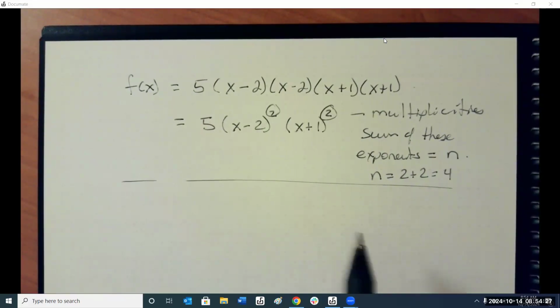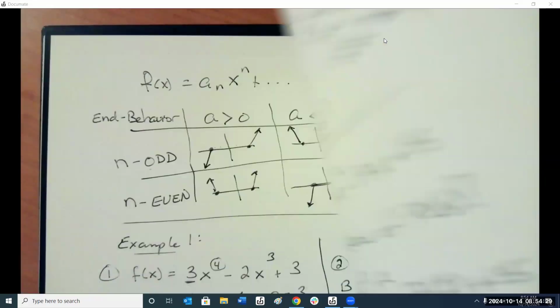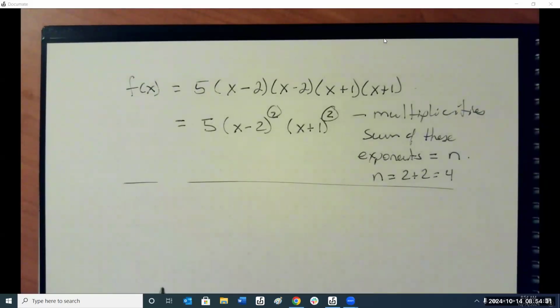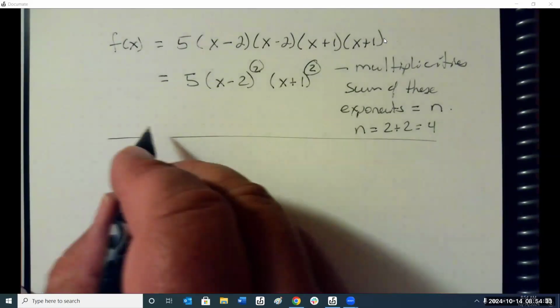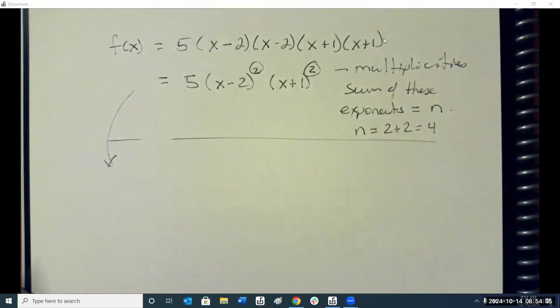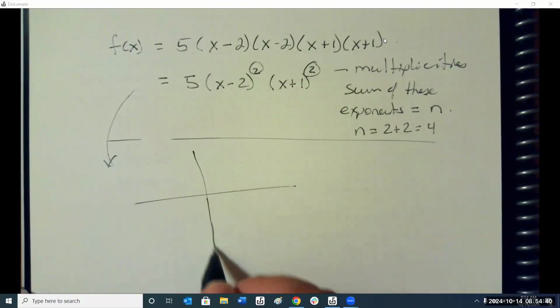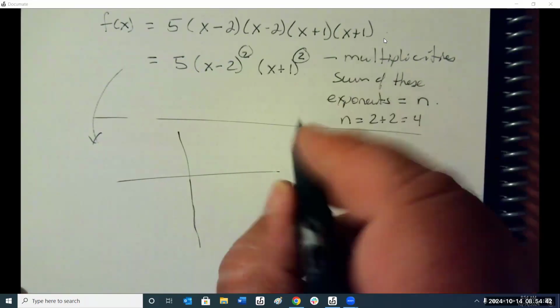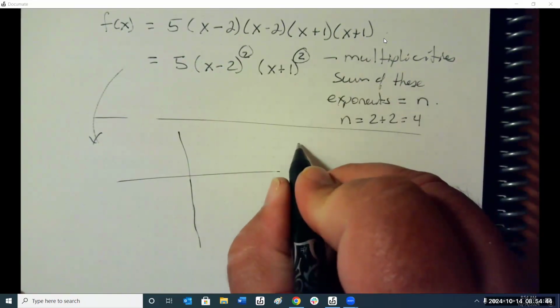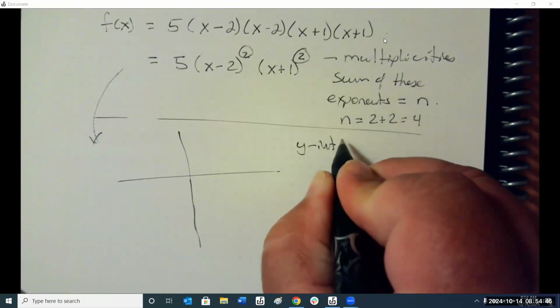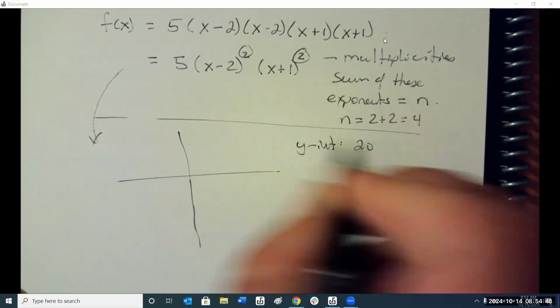Actually, this graph is not the right graph. The graph of this one, which we're going to talk about now, let's look at the graph of this one. The earlier one is not correct. So we know we have, for this one, our y-intercept was 20.